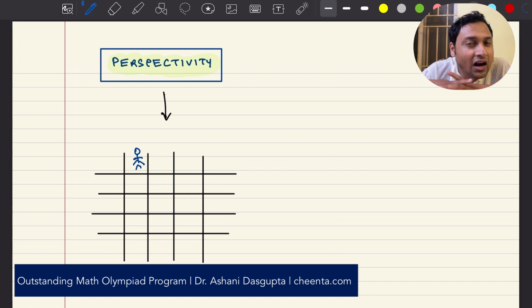They discovered how we can create the illusion of three dimension on a piece of paper. And this is used until today, even in software like AutoCAD, when they are drawing pictures. So let's see how we can do that, and what is its relationship with the geometry that we do for Olympiads and so on.